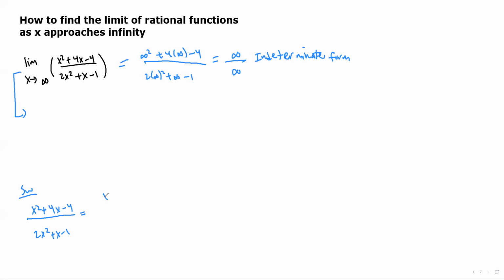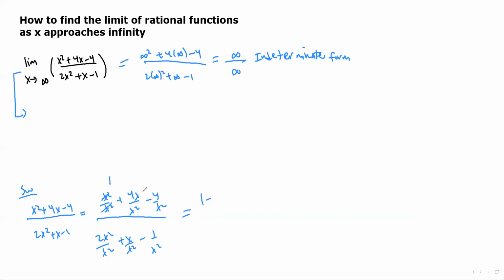So in this case, I have x squared over x squared plus 4x over x squared minus 4 over x squared. The denominator is going to be 2x squared over x squared plus x over x squared minus 1 over x squared. Okay, so now I simplify a little bit. So x squared over x squared, well, that's just going to give me 1.